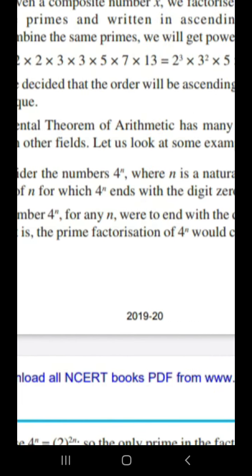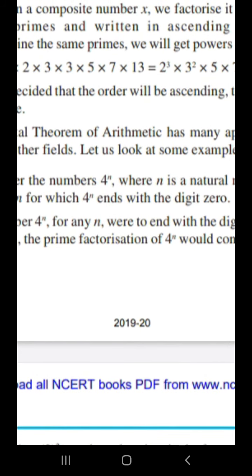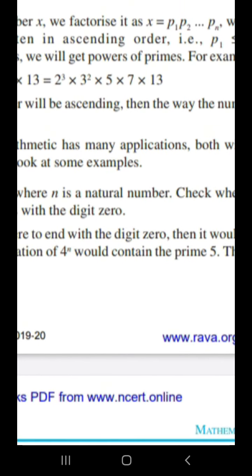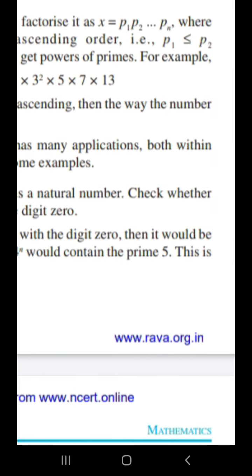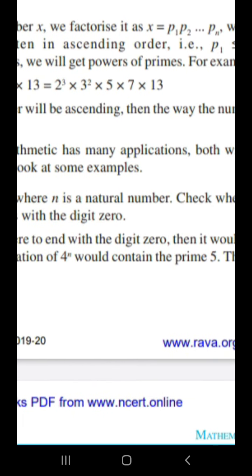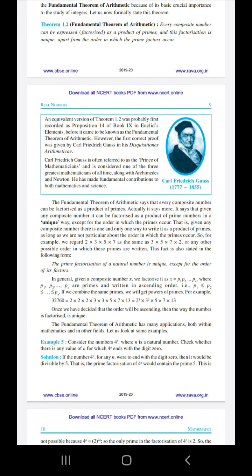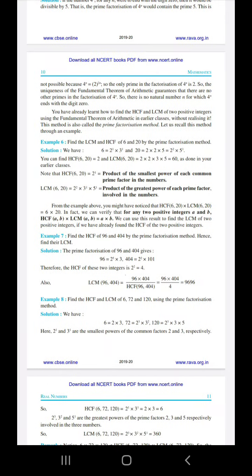That is, the prime factorization of 4 to the n would contain the prime 5. Yeah, this is not possible.